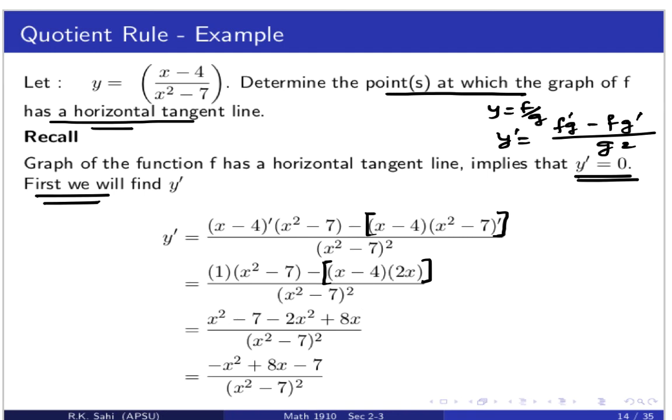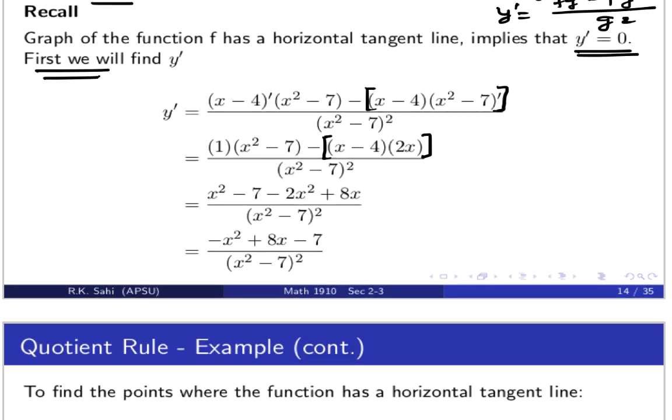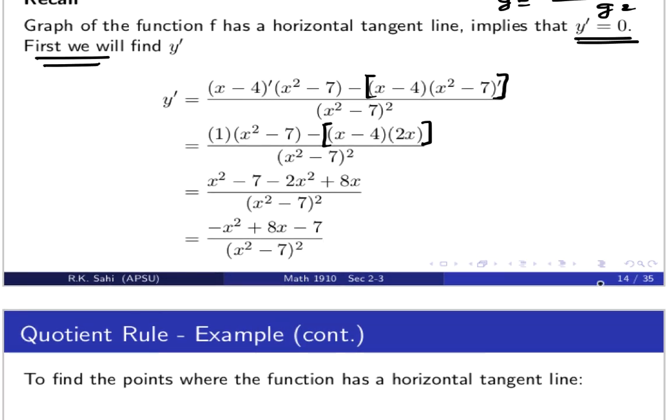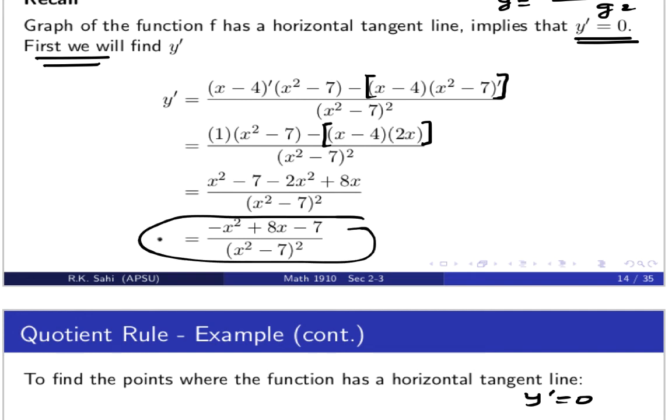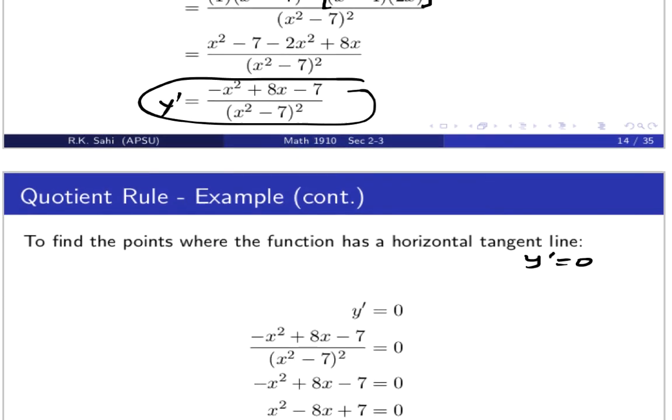Okay, now remember, we have to find the points where the graph has a horizontal tangent line. What does that mean? To find the points where the graph has a horizontal tangent line means y prime is 0. That means this whole expression, this is y prime, is equal to 0.